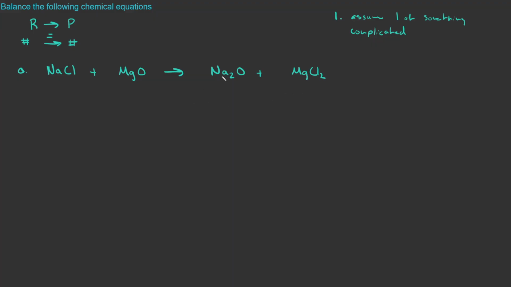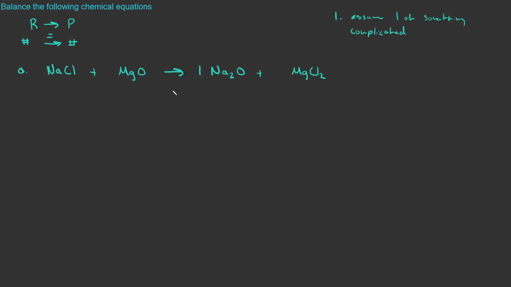And so let's say that our first step, let's say we have one of these. What would that do in terms of making sure that we have things balanced on both sides, right? And so what I like to do is calculate how many Nas and Os we have based off of how many we have in front. And so I like to color coordinate this so that it's a little bit easier to follow. So let's use yellow as an example.